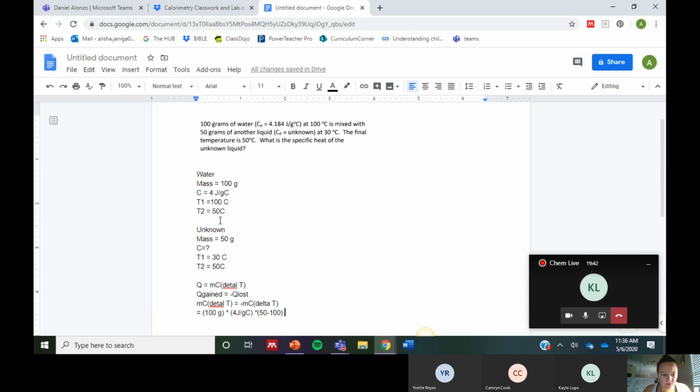So that means all this stuff goes on the other side. Because if it's not losing, it's gaining. If we didn't know that, we look at 30 to 50, it's gaining temperature, so it's gaining energy. So 50 grams times C we don't know, times 50 minus 30.